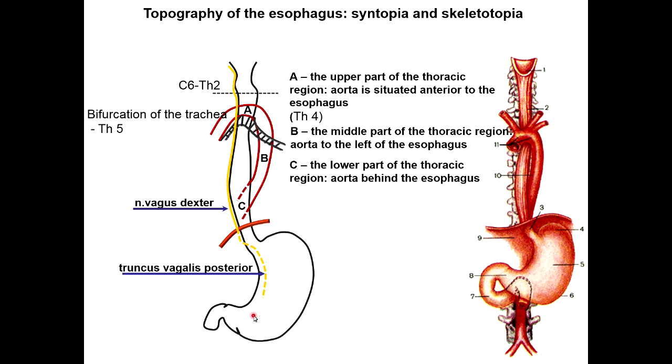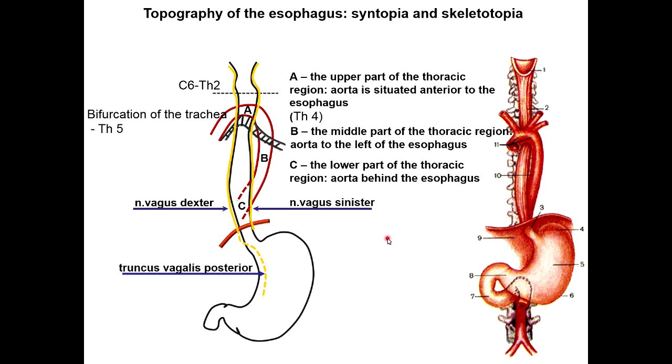And truncus vagalis posterior is the more distal projection of nervus vagus dexter. And now from the left side, this yellow line means nervus vagus sinister.